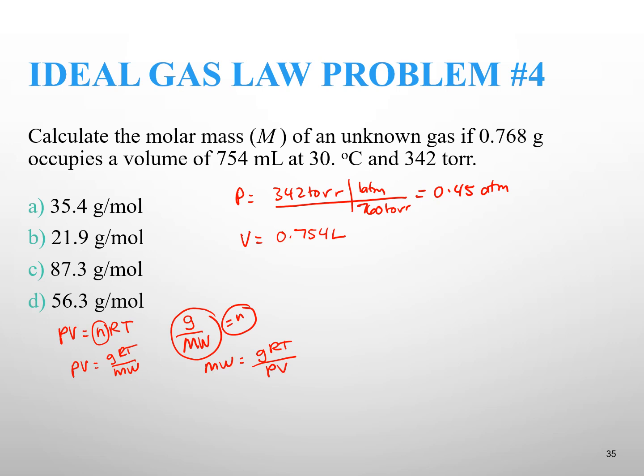We have P, we have V, our grams is given as 0.768 grams. And then R is given as the gas constant 0.0821 liters atm per moles Kelvin. And then our temperature would be 30 Celsius plus 273 to get Kelvin, so we get an answer of 303 Kelvin.